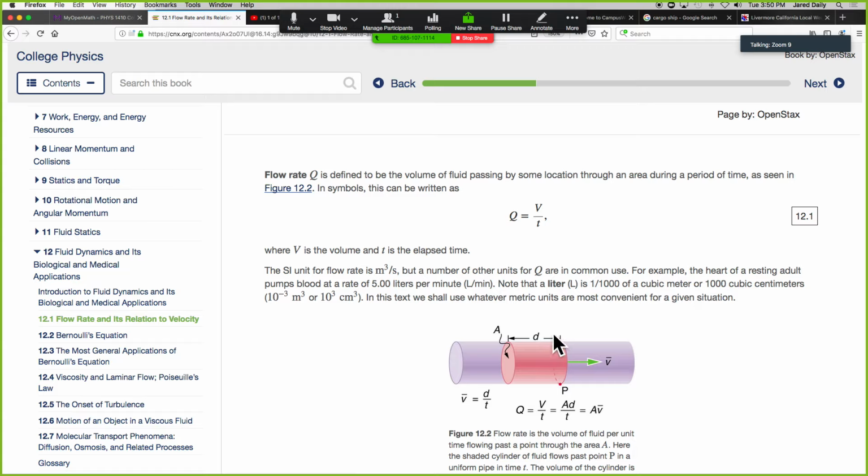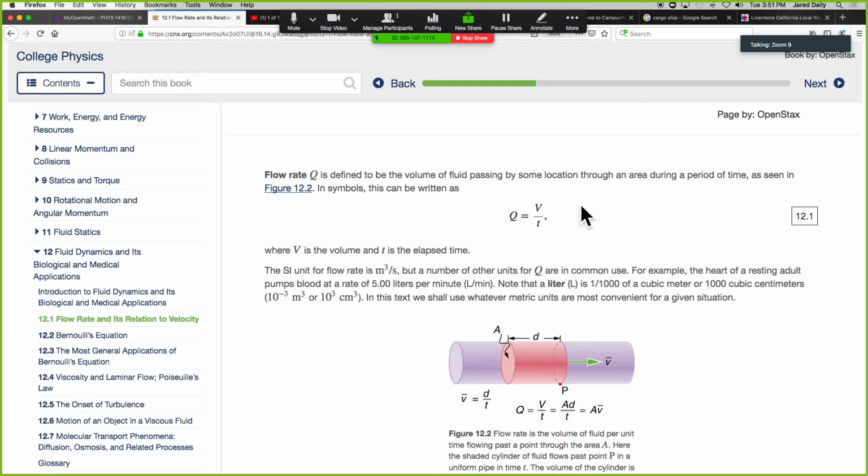When you have a certain amount of fluid, it could be water, oil, air, whatever, moving through a pipe, a cylinder like this, we could talk about the velocity of the fluid, and that can be useful, especially later on. But even more useful for now is the flow, which means how much volume is moving per second. Because velocity is how much distance per second. We want to know how many gallons per second, instead of how many meters per second, right?